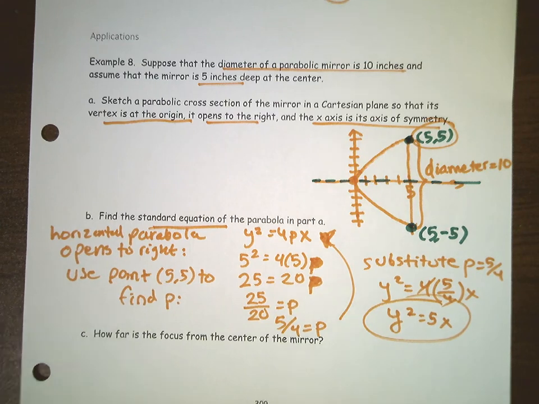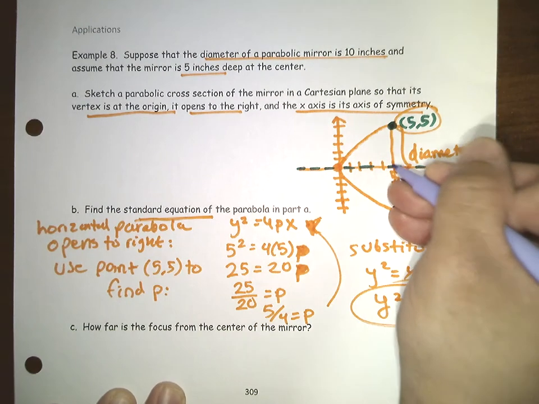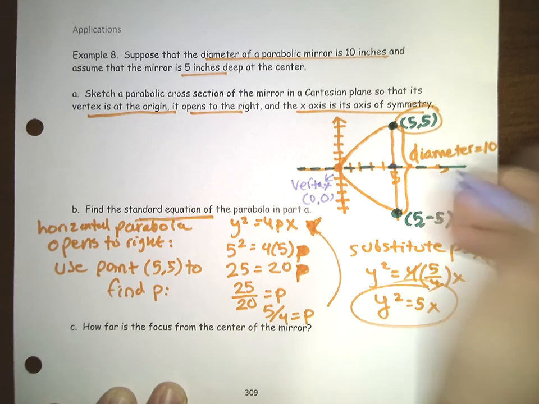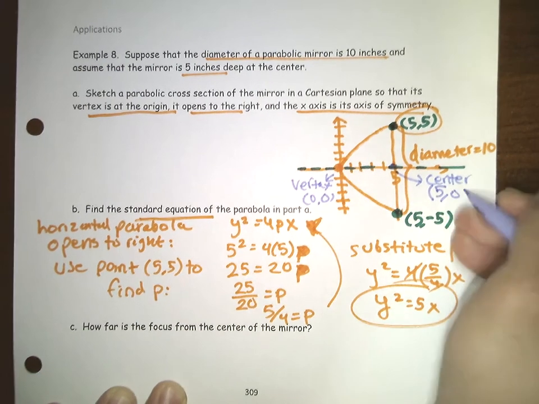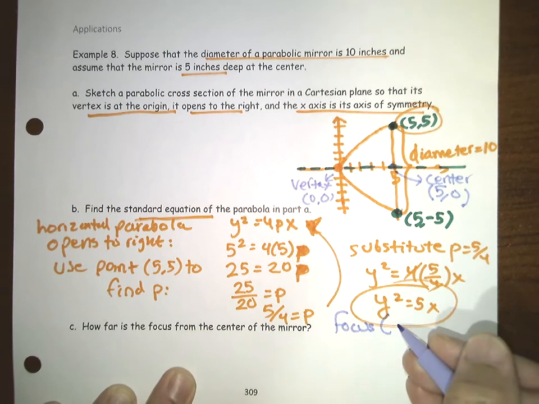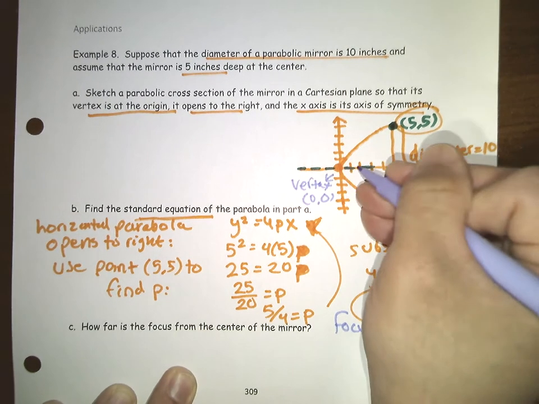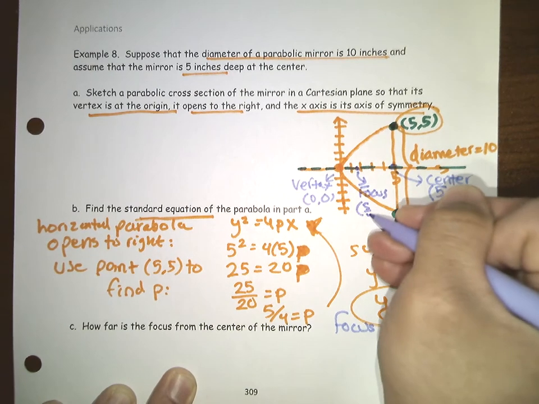And then if they want to know how far is the focus from the center of the mirror, then the center of the mirror was right here. So here's the vertex, right, (0, 0). But the center of the mirror was at (5, 0), and the focus is at (p, 0) or (5/4, 0). So (5/4, 0) is right here. So this is the focus at (5/4, 0).